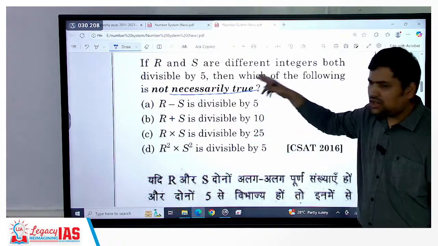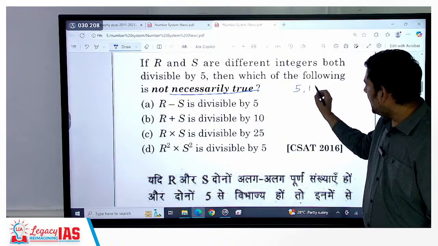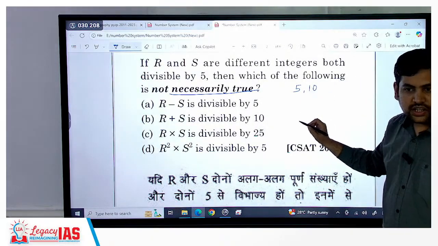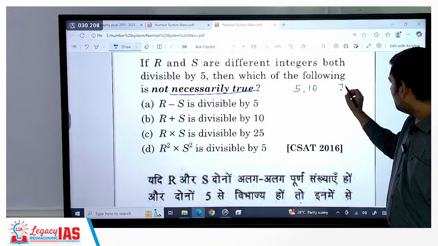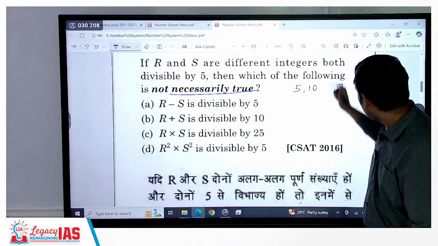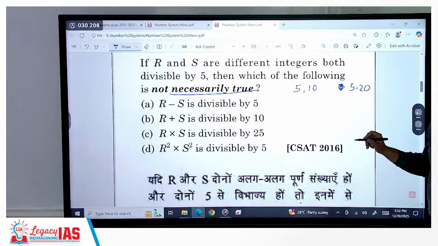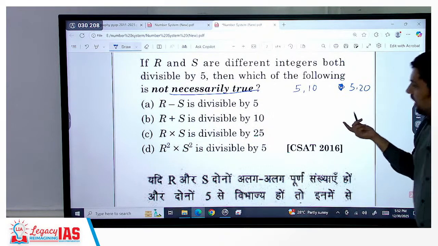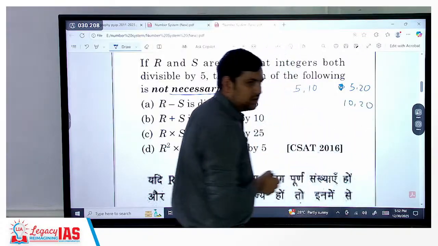I need to take two numbers that are divisible by 5, so I can take it as 5 and 10, correct? I can also take it as, let's say, 5 and 20, correct? These two are fine. I can also take it as 10 and 20.